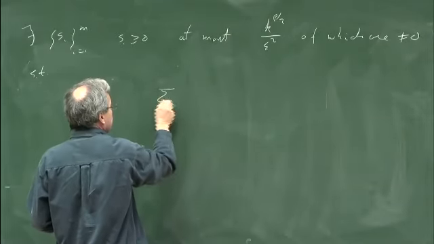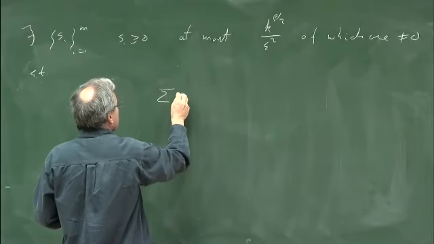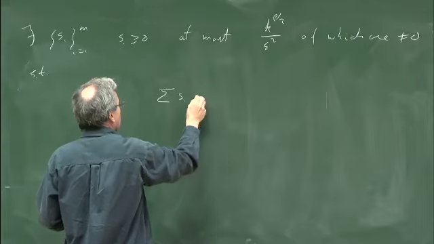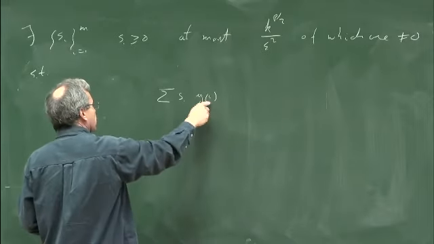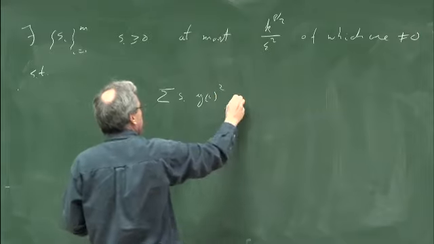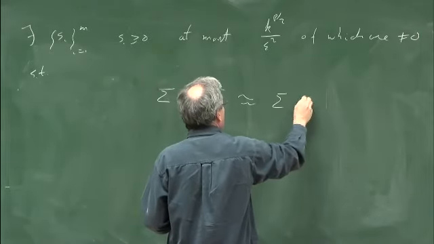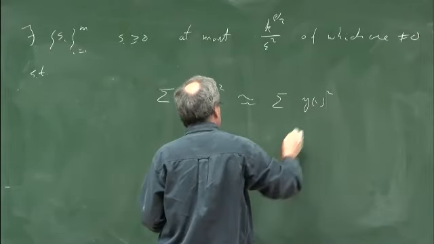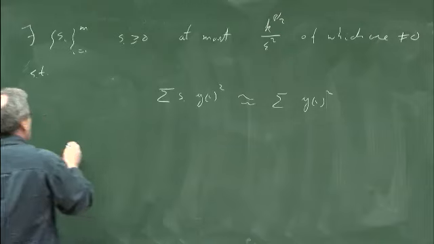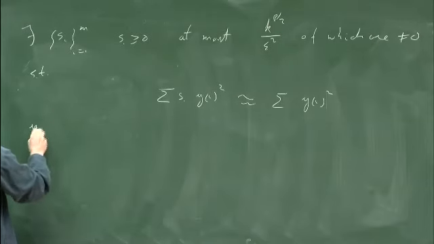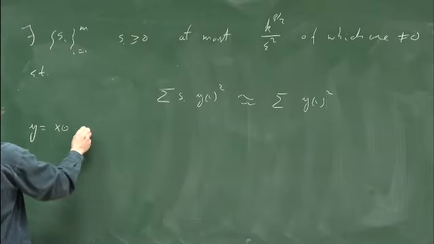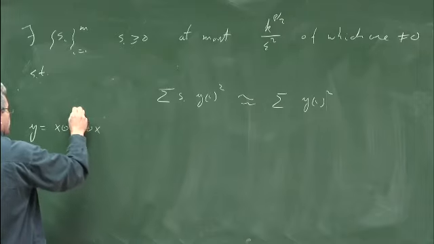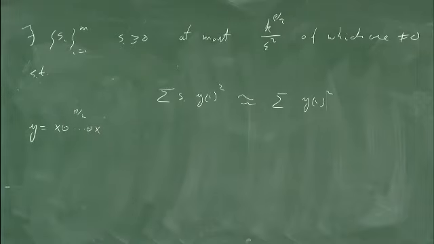So what is written here is that the sum of s_i times y_i, where I change the coordinates of y, is basically the same as the sum of y_i squared. Now I apply it only for very special vectors, the vector of the kind x multiplied with itself p over 2 times.